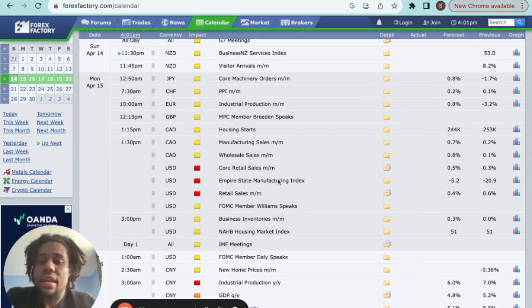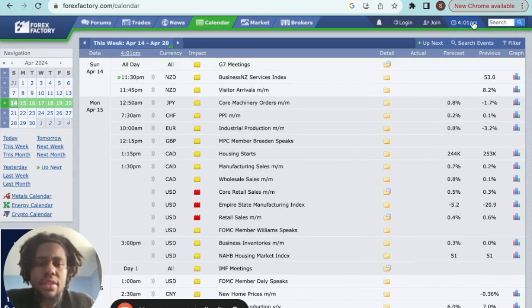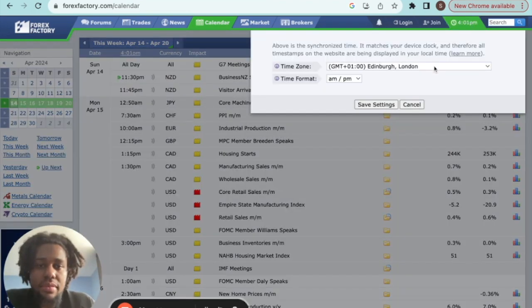If we look at the economic calendar, Monday, so let me just put this in New York time, because I like to work off of New York time, especially even on my charts, on the news, etc. Everything I like it to all be working off of New York time.